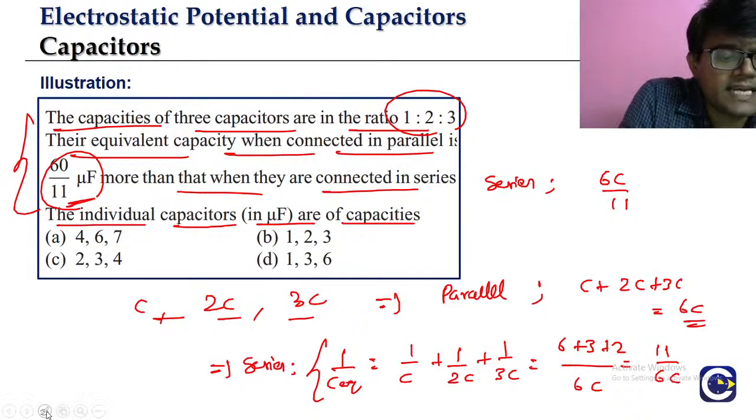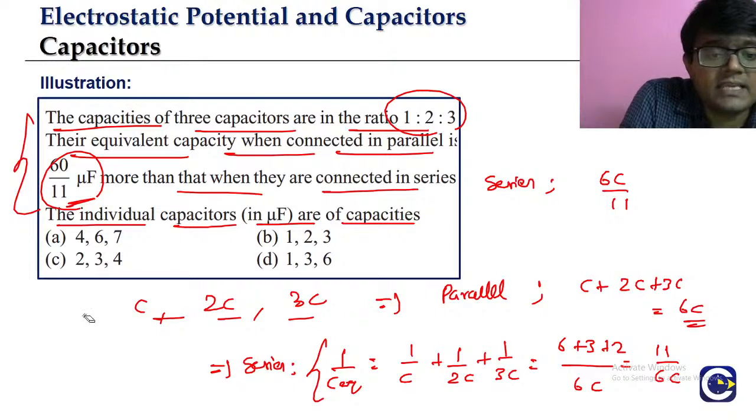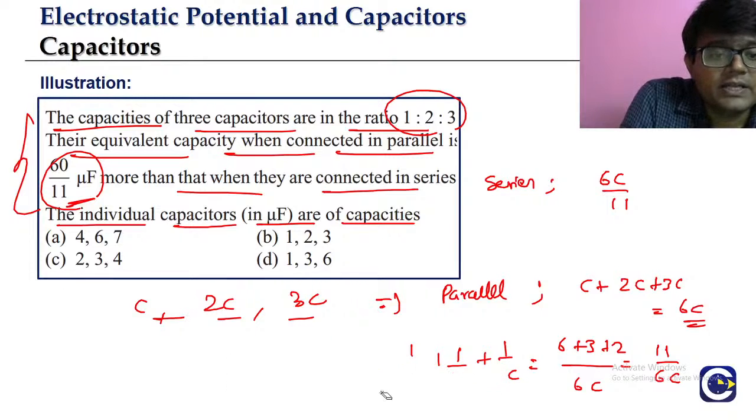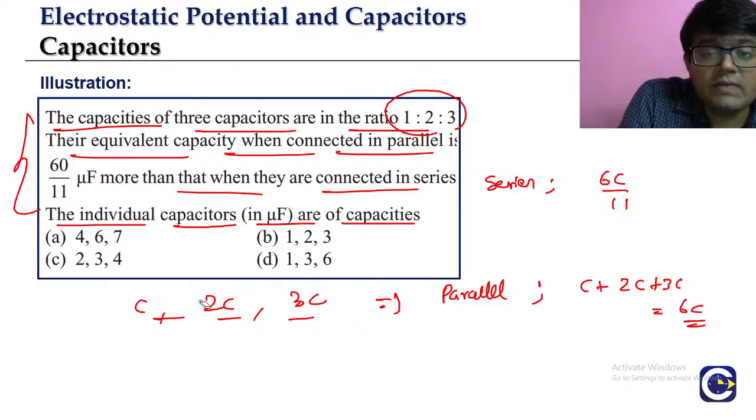So in the question statement, what are they saying? The equivalent capacity when they are connected in parallel is 60/11 microfarad more than when they are connected in series.